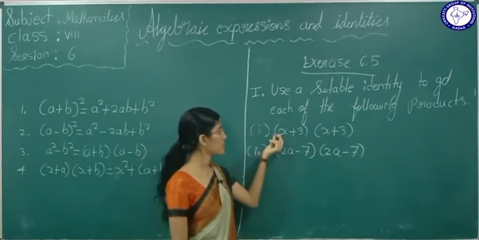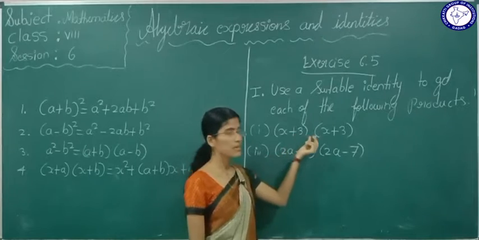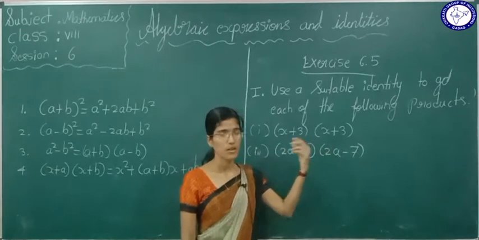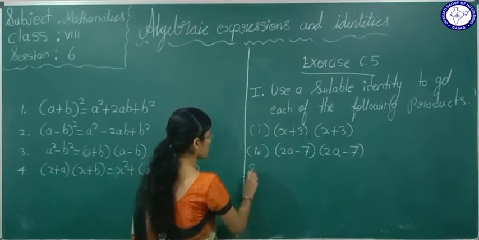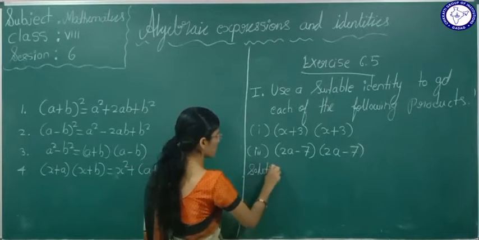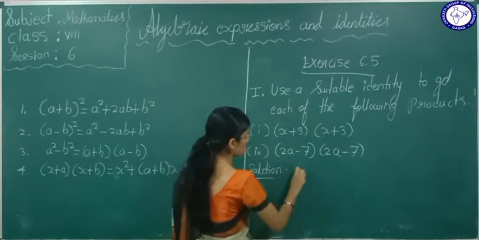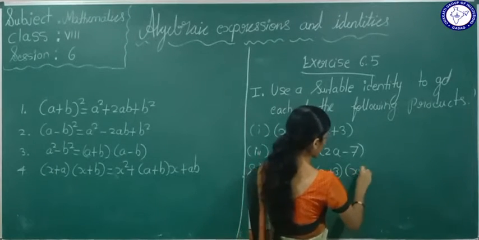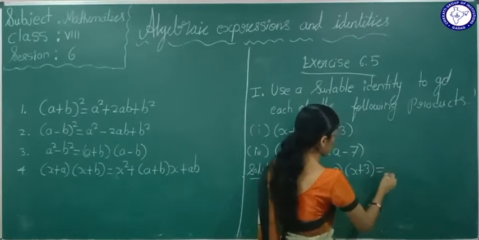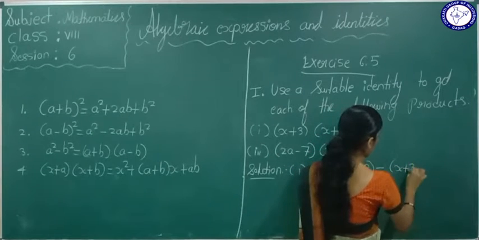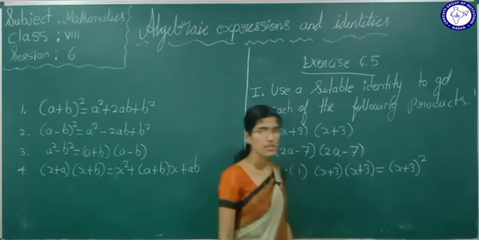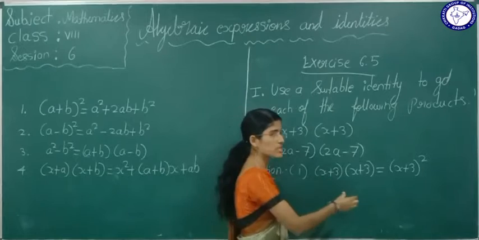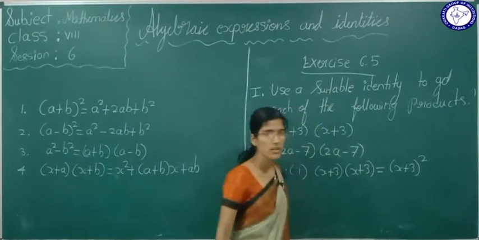Now the first is (x plus 3) multiplied by (x plus 3). Now see students, solution. First one, (x plus 3) multiplied by (x plus 3). So this can be written as (x plus 3) the whole square. Yes or no? (x plus 3) into (x plus 3) is nothing but (x plus 3) the whole square.